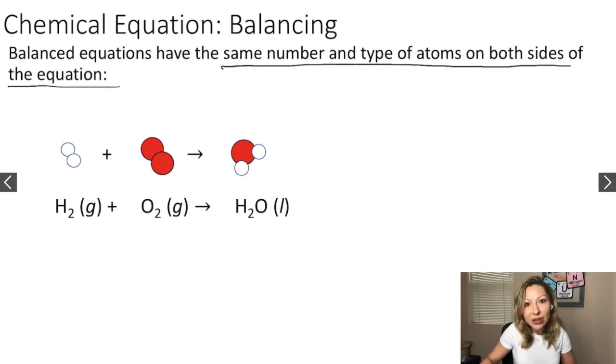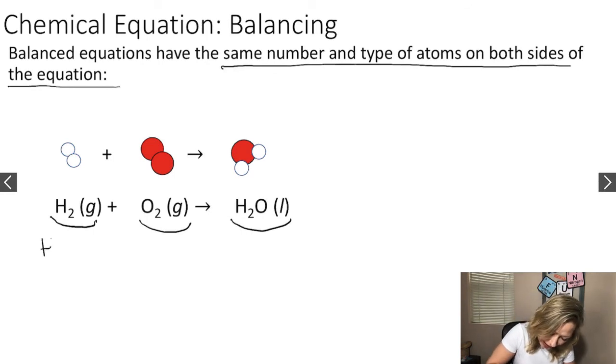So let's take a look at a similar example to the one we just had. I have two hydrogen atoms on the reactant side, two oxygen atoms on the reactant side, and I have water as my product. In order to follow this in an easier manner, we can actually write this out.